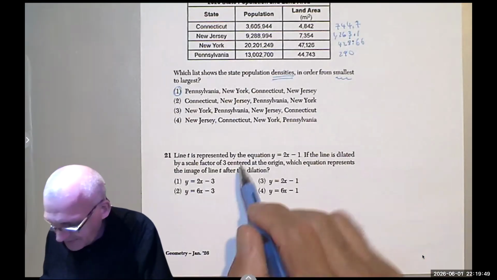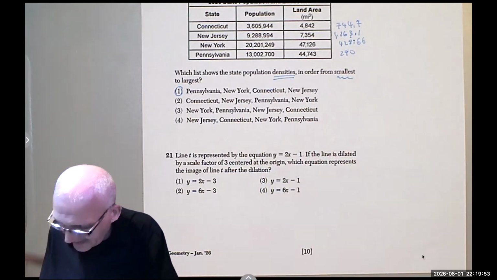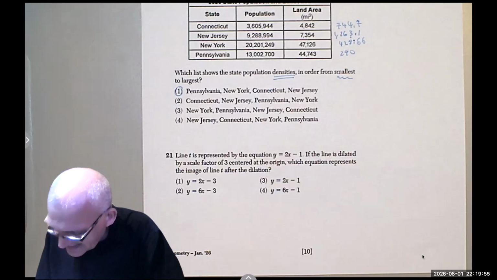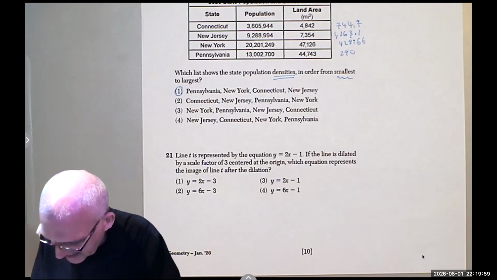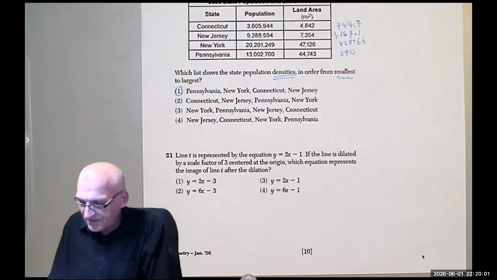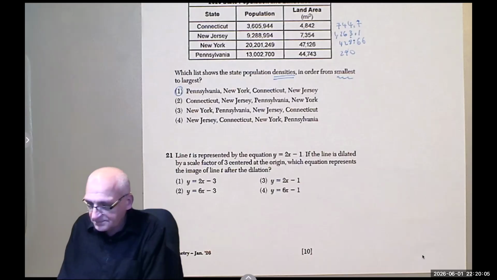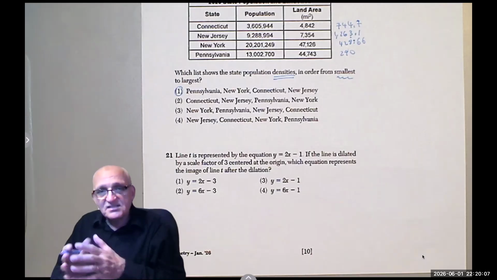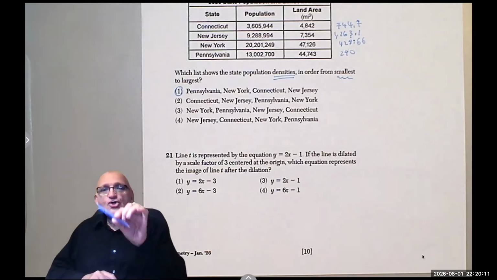Line T is represented by the equation y equals 2x minus 1. If the line is dilated by a scale factor of 3 centered at the origin, which equation represents the image of line T after the dilation? Well, since it's dilated from the origin, the slope would be the same.